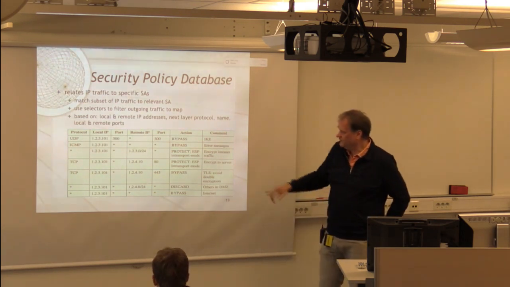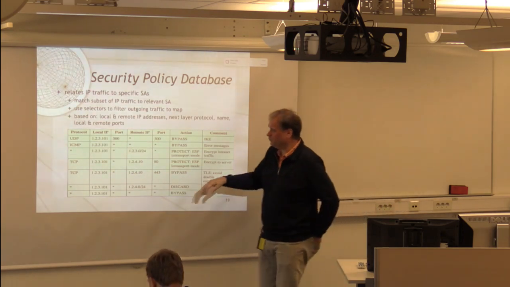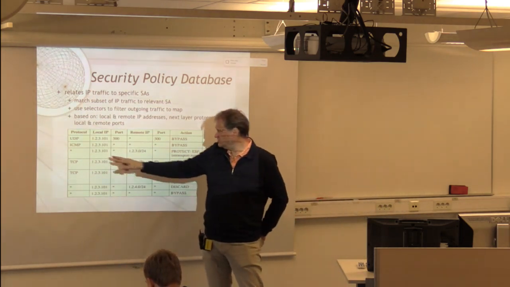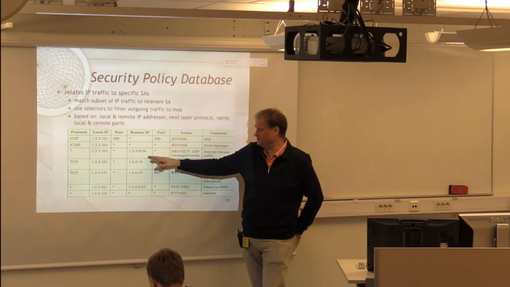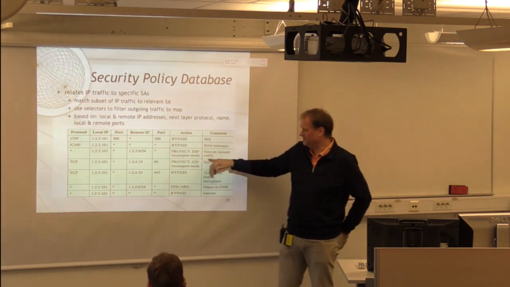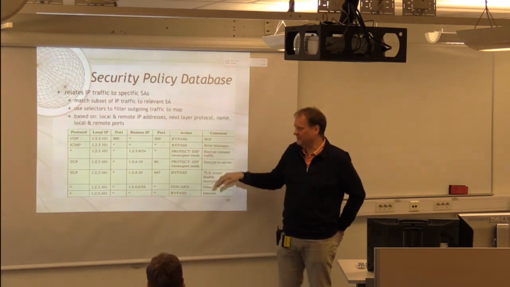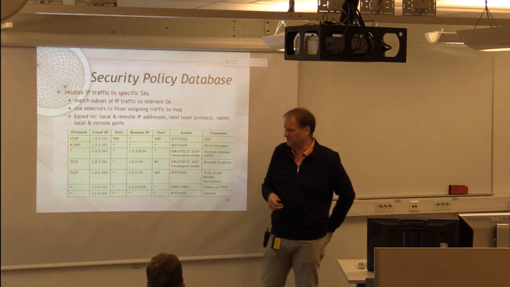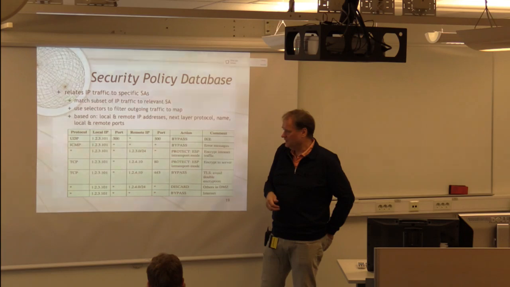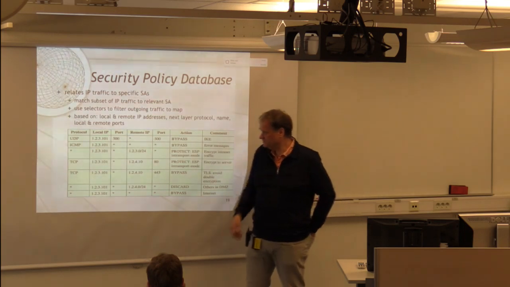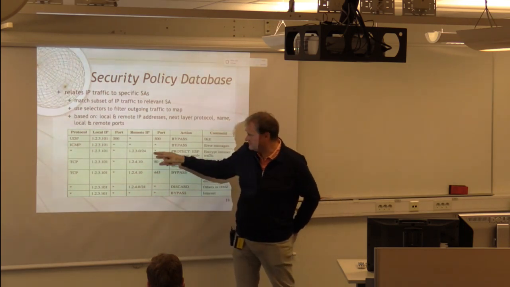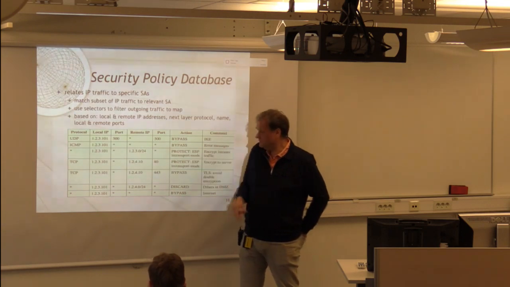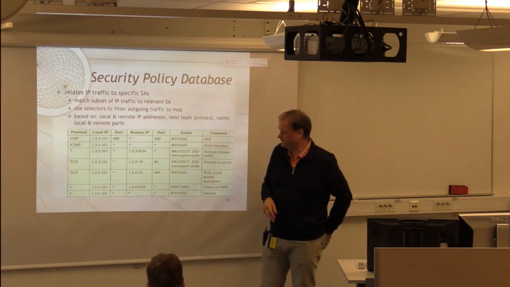But then we say that, okay, all the other protocols, from this machine to a certain other machine, should be protected with ESP. So whenever we communicate with this one, it has to be secured with ESP. And then we say that, actually, this is an entire network here, as you see, a C-class network.